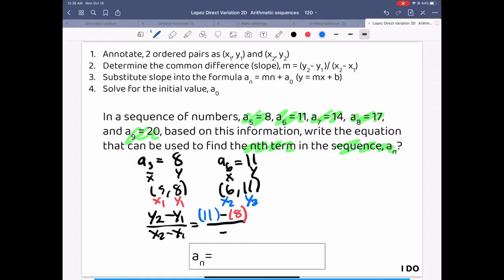X sub 2 is 6, so that's going to be 6 minus 5. You could put that in a calculator, you could do it in your head. 11 minus 8 gives me 3. 6 minus 5 gives me 1, which simplifies to 3. So now I know my slope is 3.